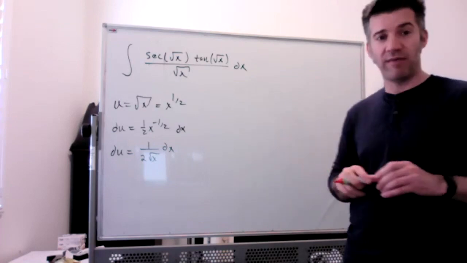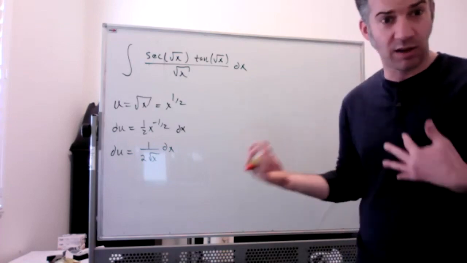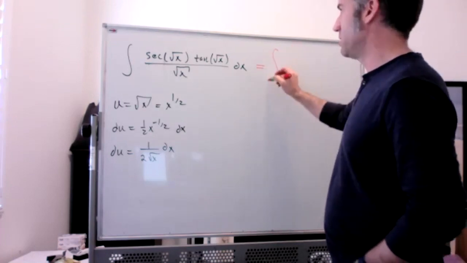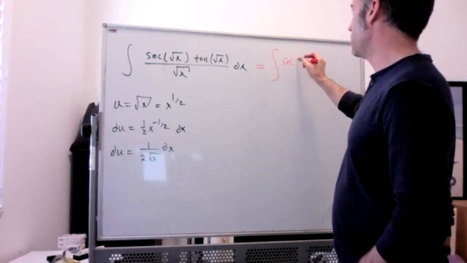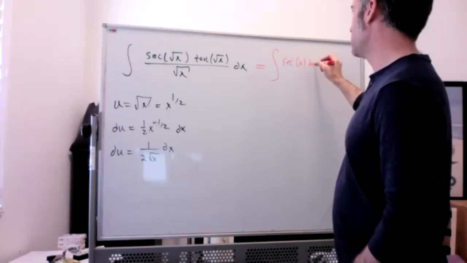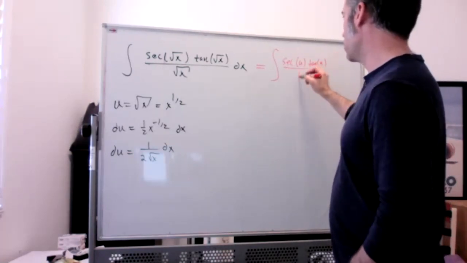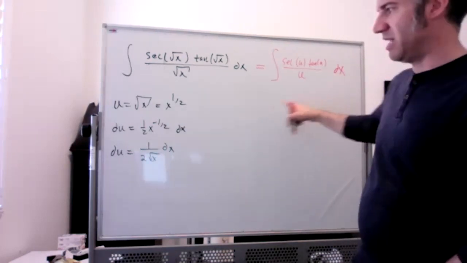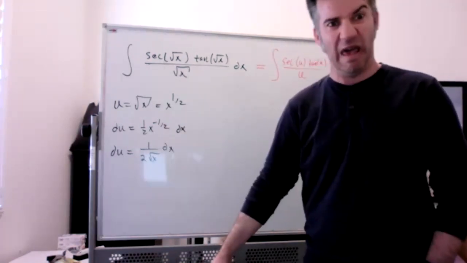If I was trying to be like, oh, all my square root of x's become u's, I would be wrong. This is not going to work out if I say this is secant of u tangent of u over u dx. Oh, I still have a dx and dx.